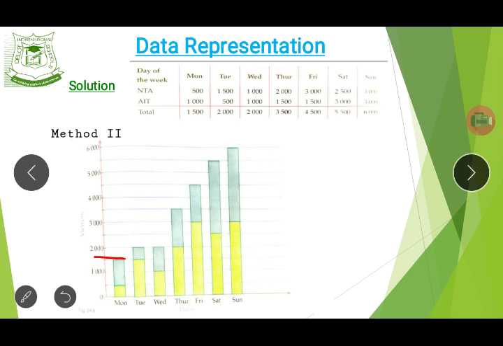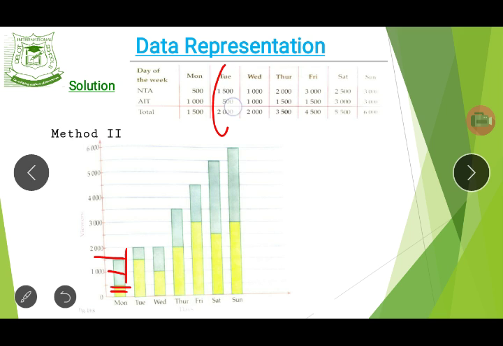How are the 1,500 persons split? Some parts are for NTA, some parts are for AIT. The part for NTA stops at 500, while the part for AIT continues another 1,000 viewers till it gets to 1,500. Do you see that now?